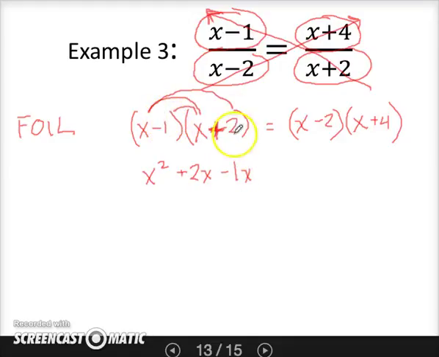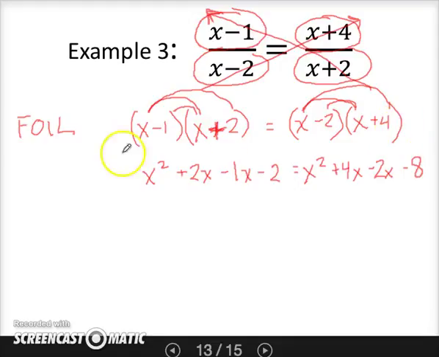And then the last terms, which is negative 2, because I have negative 1 times 2. On the other side of the equal sign, I'm going to do the same thing. X squared plus 4x minus 2x minus 8.